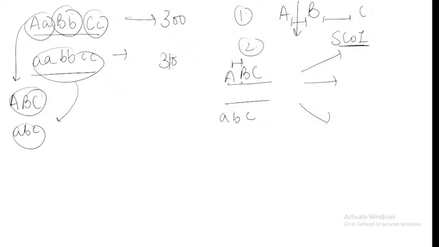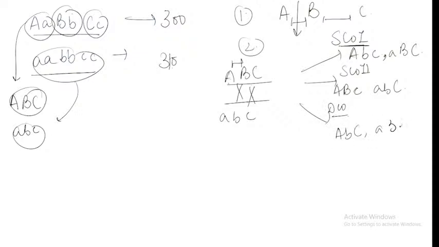So the resultant of single crossover 1 would be capital A, small b, small c, and the second one would be small a, capital B, capital C. For single crossover 2, it would be capital A, capital B, small c, and small a, small b, capital C. And for the double crossover, we would have capital A, small b, capital C, and small a, capital B, small c. Right?